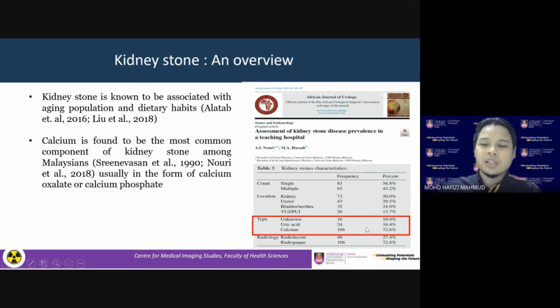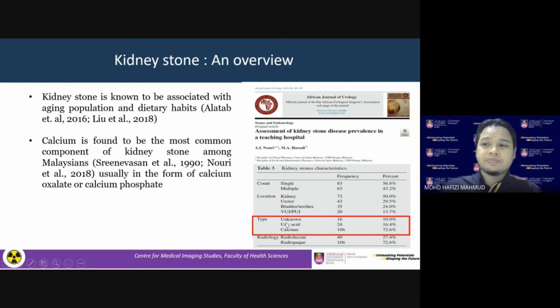The other components are uric acid, ascorbate and brushite, and also calcium phosphate and calcium oxalate, and also hydroxyapatite.